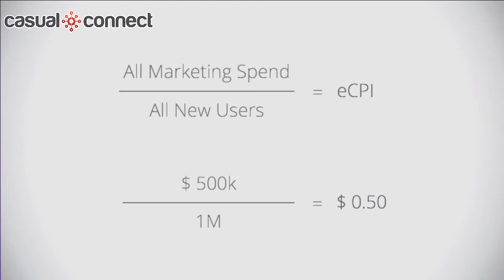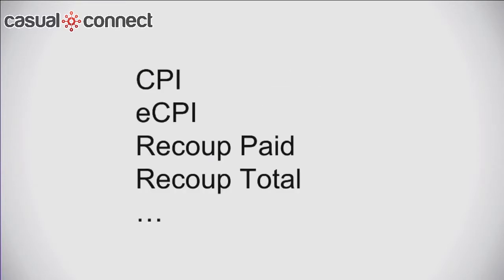This is a really simple metric, but also a powerful one, because in a game like Jelly Splash, you can run into situations where your CPI is actually higher than your LTV, but your eCPI is much, much lower due to organics and virality. And if you feel there is a connection between the paid users coming in and the organics you're getting, it can actually make sense to overspend on CPI because you can attribute in the viral effect.